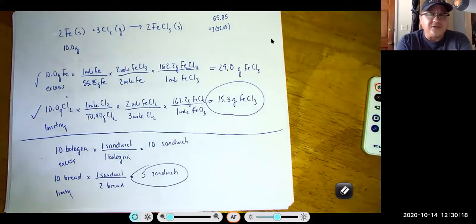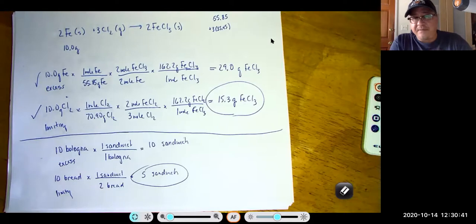The likelihood that you're going to get all of the product that you made and lose none of it is about 0. You're going to lose product. It always happens. So your actual yield always ends up being less than your theoretical yield. So the theoretical is based on everything being perfect, you being perfect. You're able to separate everything out.